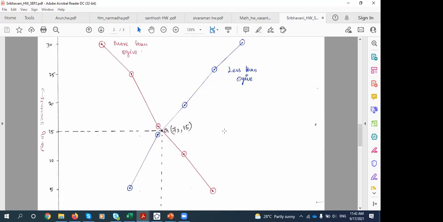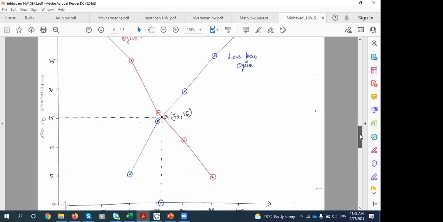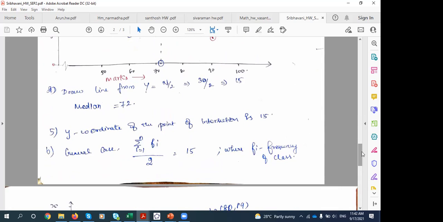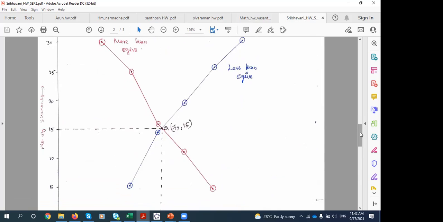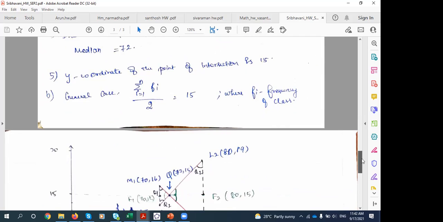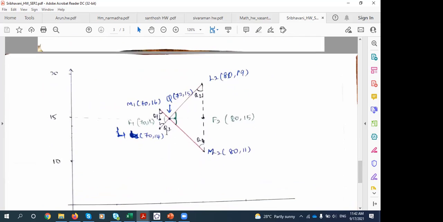But until and unless you have a clear drawing, you won't be able to see that. I know many people say math is abstract, but a clear picture helps you see. And again, I can see some geometry coming up here in terms of equal angles.